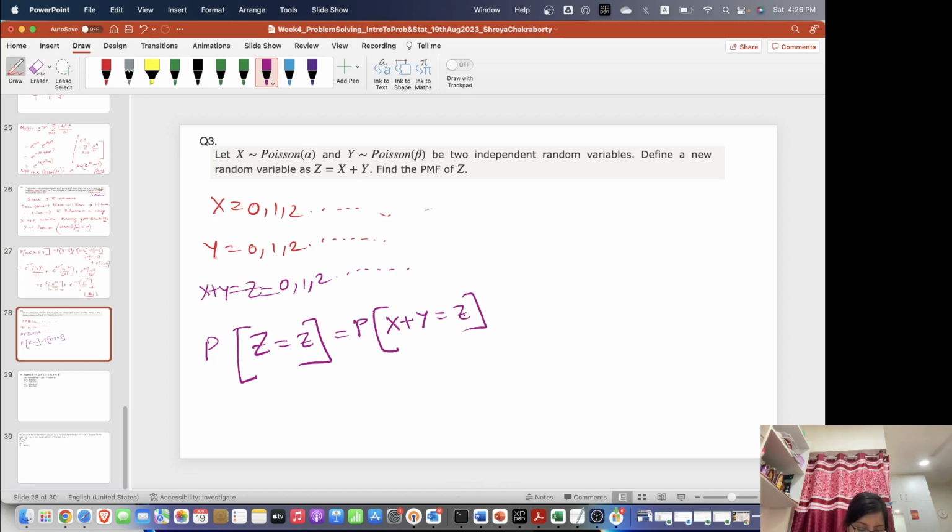Now following the law of total probability, we can write it as the summation over i equal to 0 to z of the probability that x plus y equals z given x equals i, into the probability that x equals i.